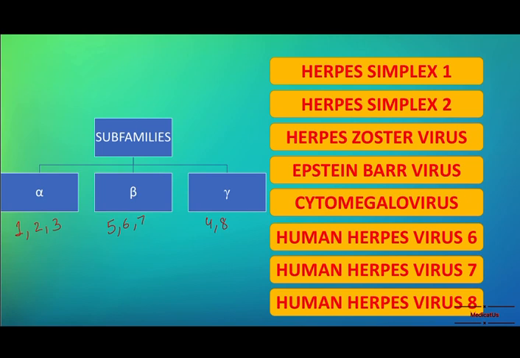The alpha ones, they go and sit in the neurons. The gamma ones, they sit in the B cells. And the remaining, that is the beta ones, they sit in the glands and the T cells.